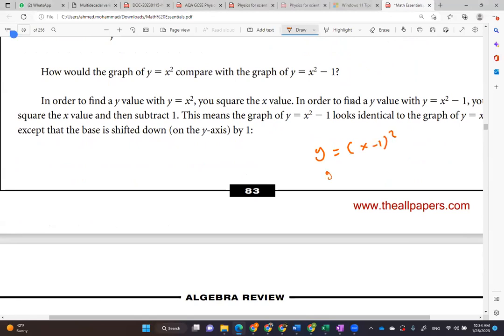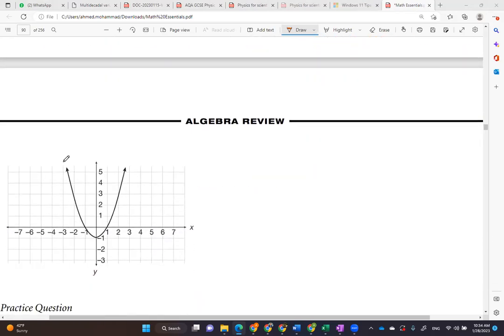Okay, so this is about when you have y equal x minus 1 square. This is not the same as y equal x square minus 1. If the negative or positive one is outside the square of x, this is gonna be the translation in the vertical direction. If you have minus outside, you're gonna go down 1 point. So the function will be like this.